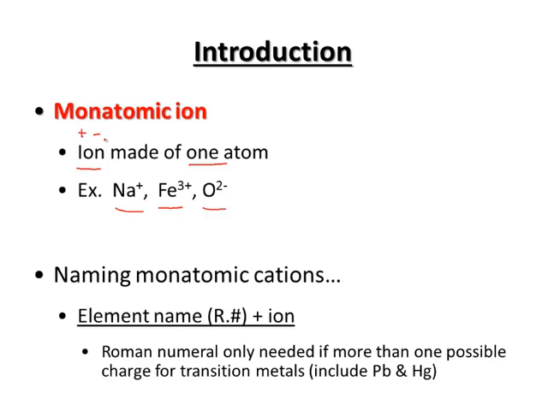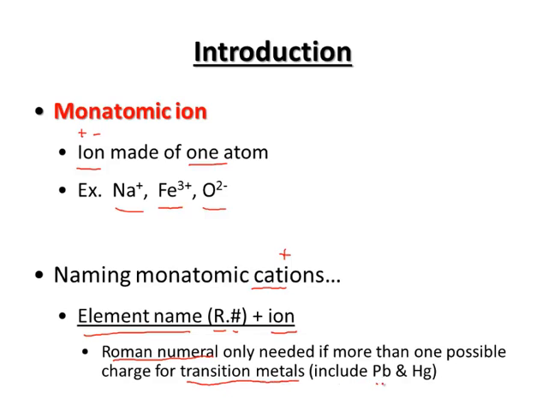For naming of our monoatomic cations, remember cations, cats have paws, they are positive ions. We're going to give the element name and add the word ion to it. Now, we have a special case if it has a Roman numeral, our number sign. Roman numerals are only going to be needed if there's more than one possible charge for a transition metal.